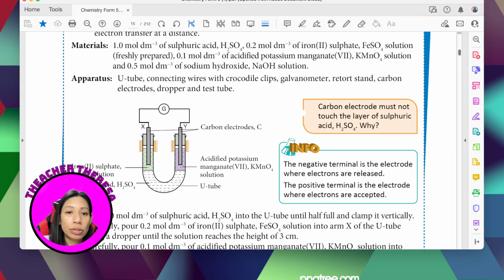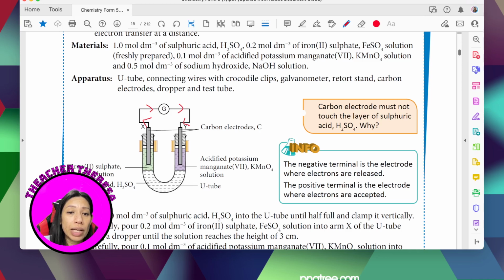So the electron will transfer from iron(II) sulfate to potassium manganate. Now, when there is a reaction, normally we can observe there's a color change.